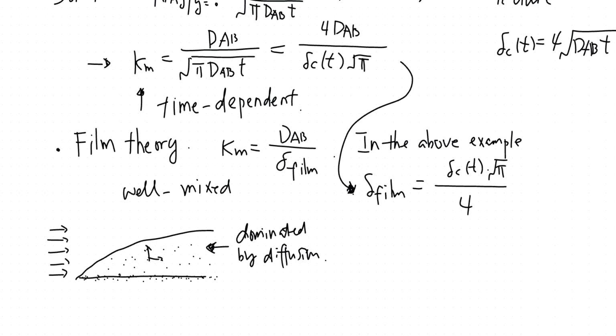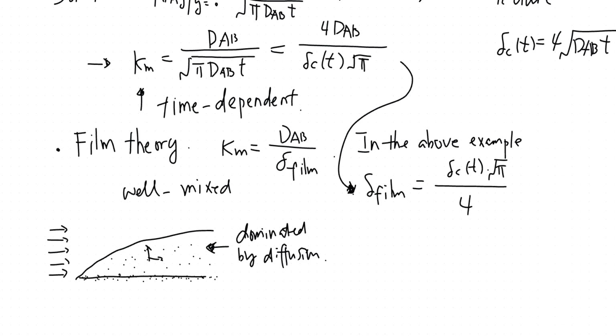In terms of how you know the delta film, it may not be an easy answer. You can derive it in this example, but in a lot of other cases you may not. Then you may ask, if we cannot get delta film easily, what's the advantage of using it if it's unknown, compared to just solving everything from scratch?